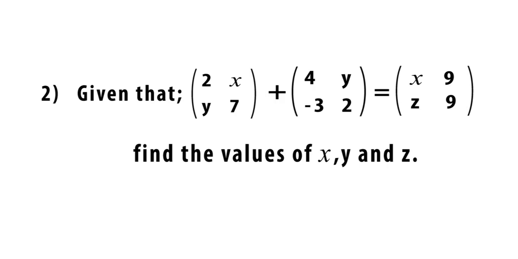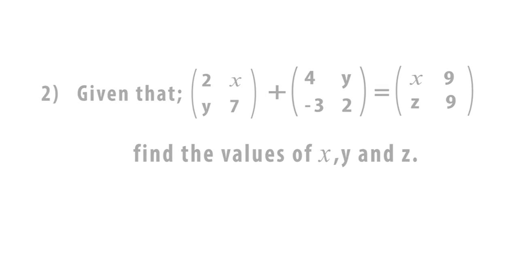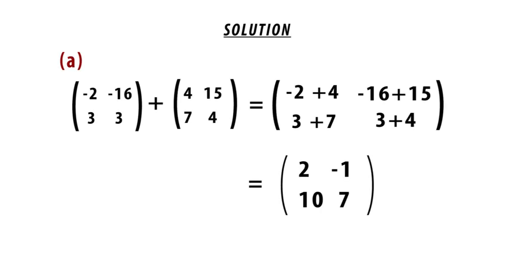Now let's take the solutions. We start with A. Remember, we said for us to be able to add any two matrices, they must have the same order. So we have the matrix negative 2, negative 16, 3, 3 plus the matrix 4, 15, 7, 4.